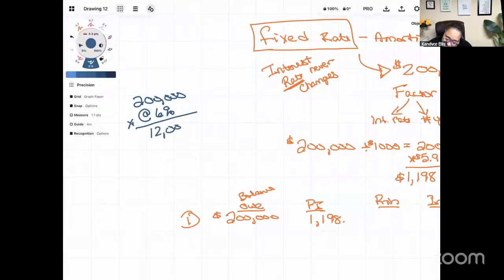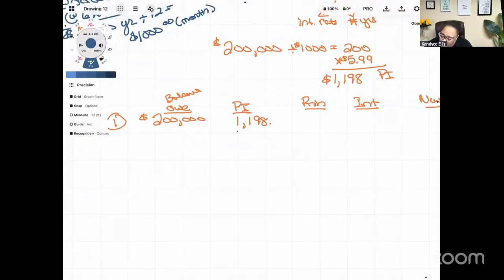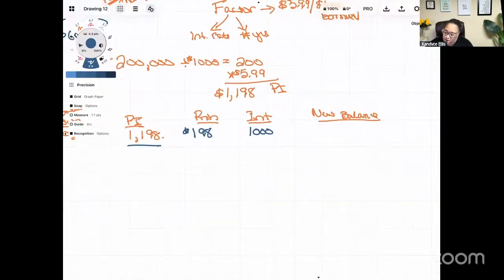That's for a year. If I divide by 12, that gives me $1,000 as the cost for 1 month. So you paid the bank $1,198, but $1,000 went towards interest, which means the difference, $198, is your principal payment. Then you have a new balance of the $200,000, subtract the $198.